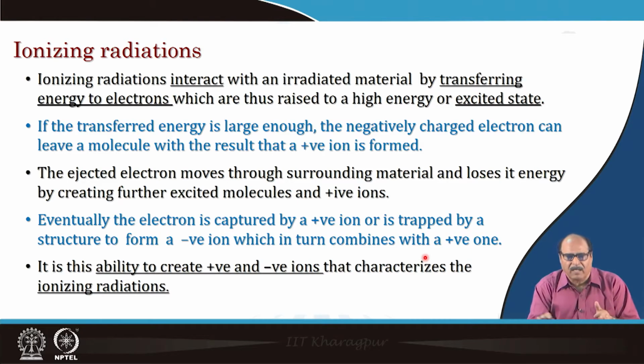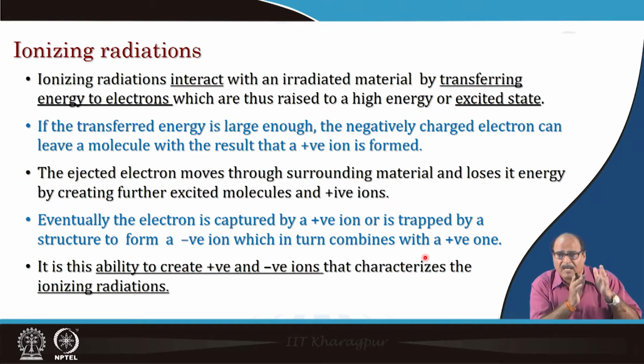If the transferred energy is large enough, the negatively charged electron can leave a molecule, with the result that a positive ion is formed. And the ejected electron will not sit idle; it will move through the surrounding material and lose its energy by creating further excited molecules and positive ions.